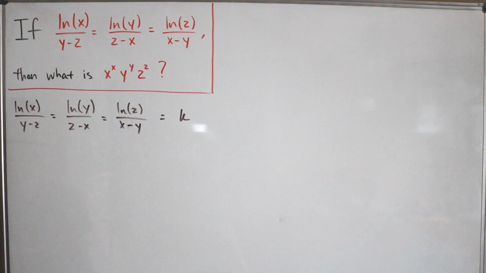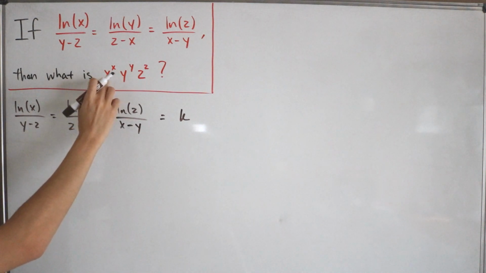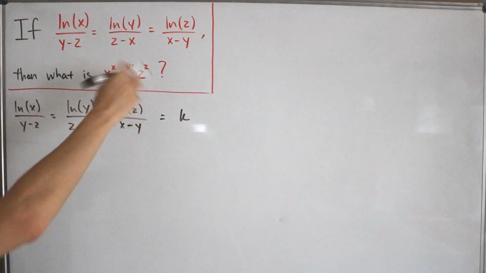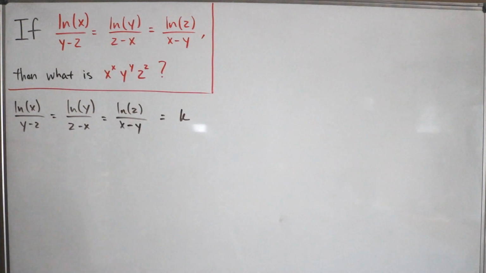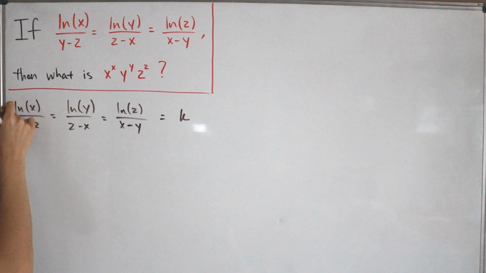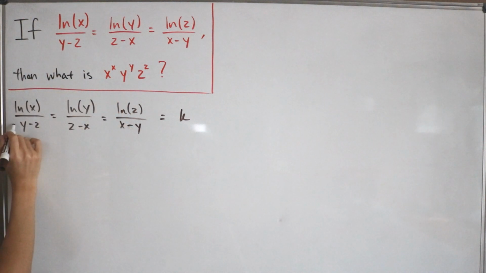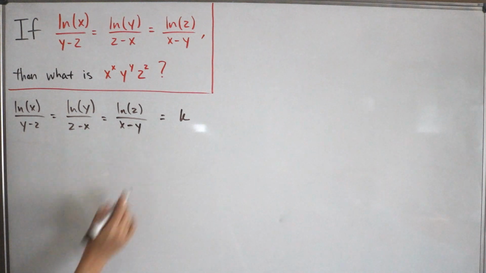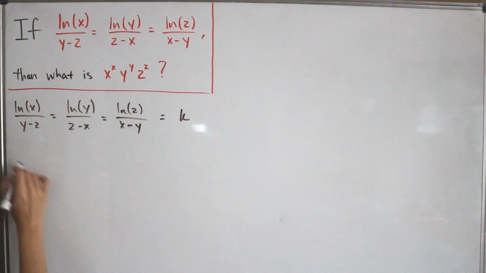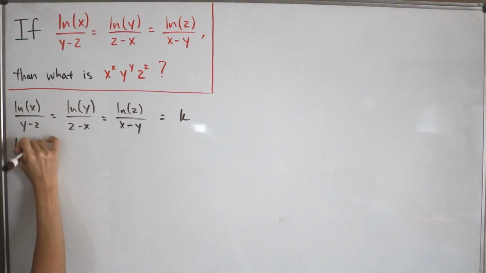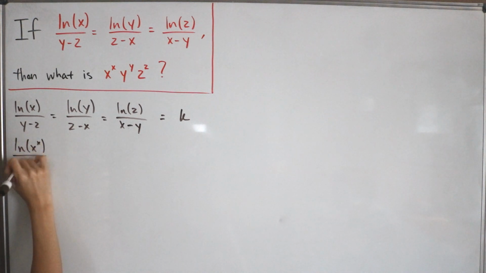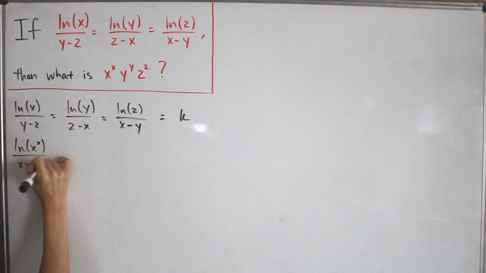That should be helpful since we want to get this in the form of a tetration: x to the power x, y to the power y, and z to the power z. By doing so, if I multiply x, then applying the natural log properties, I'll put that as the exponent, but I'll have to multiply the x into the denominator as well. So now I have ln of x to the power x, divided by x times y minus x times z.